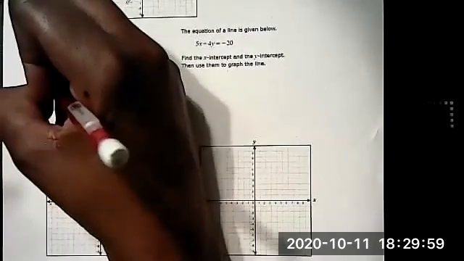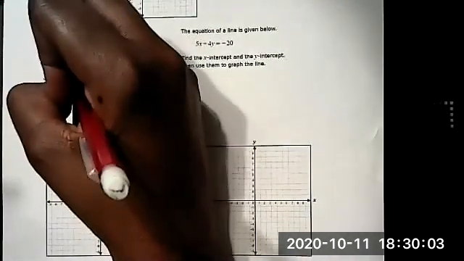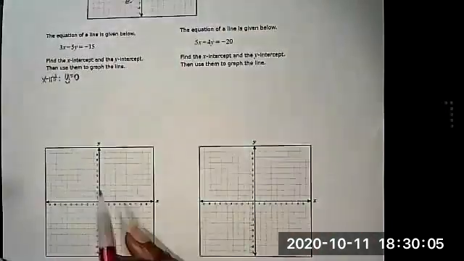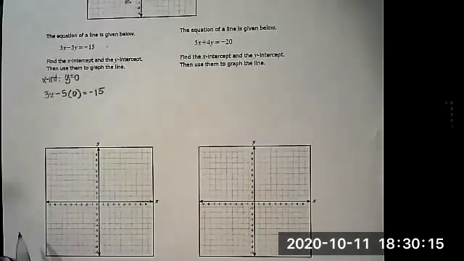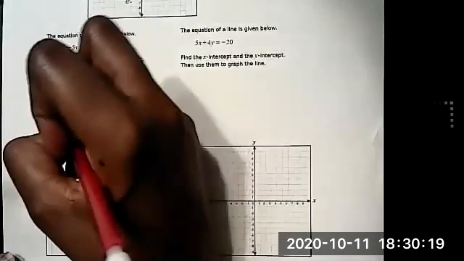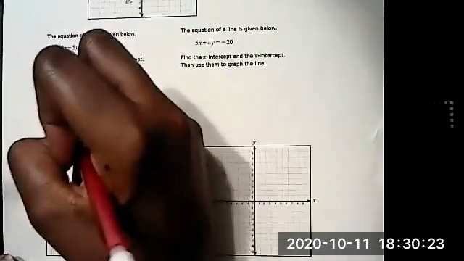Okay? So we know how to do x-intercept. X-intercept, we make y equals 0. So we have this equation here. 3x minus 5 times 0 equals negative 15. It makes this kind of go away. 3x equals negative 15. Divide by 3 on both sides.